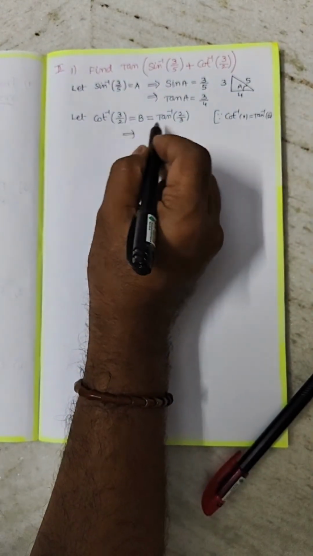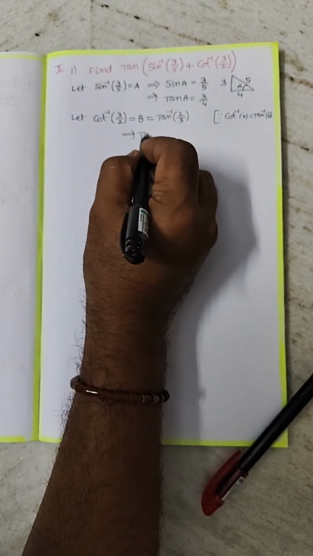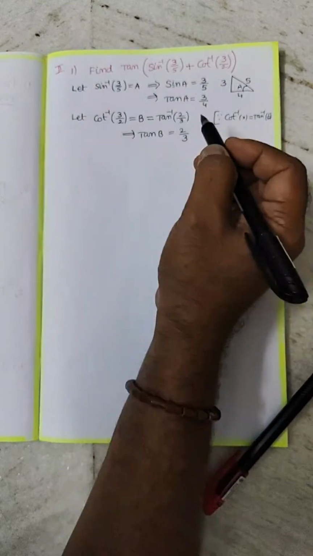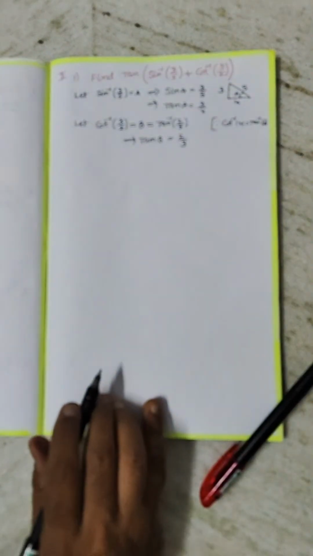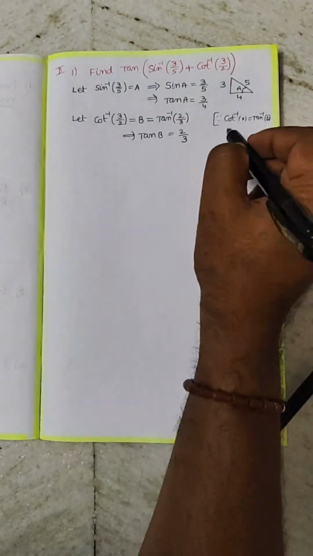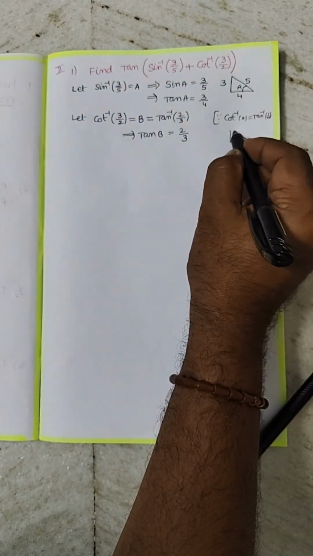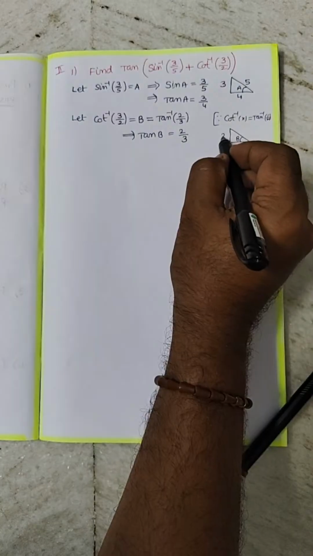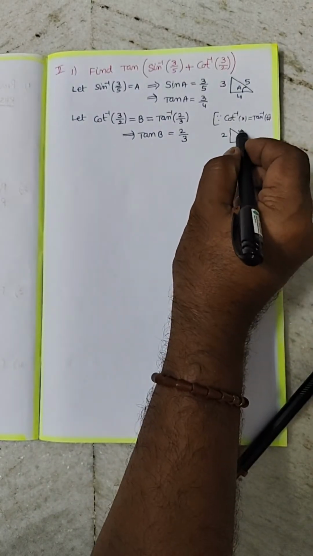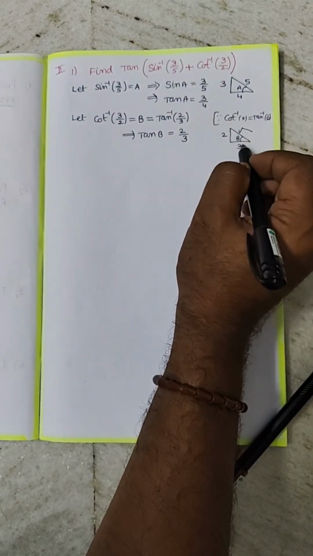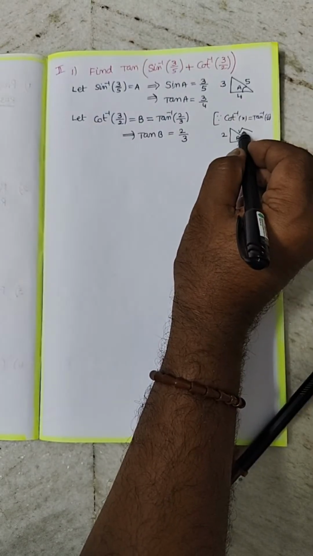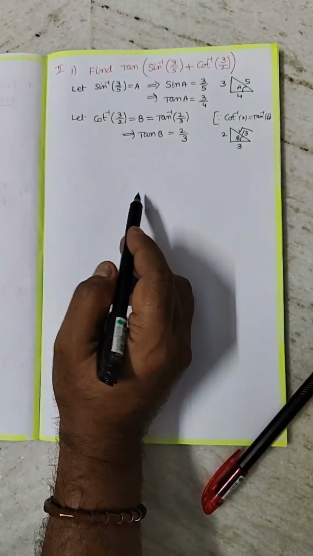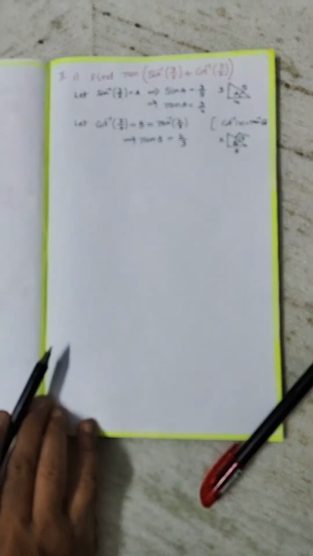So bring tan inverse to this side, so tan B is equal to 2 by 3. We got it. Again you have to draw a right angle triangle where the angle is B. So tan definition is opposite by adjacent side. By Pythagoras theorem, 2 square plus 3 square is 4 plus 9, 13. Tan B is 2 by 3. No need of finding other values.